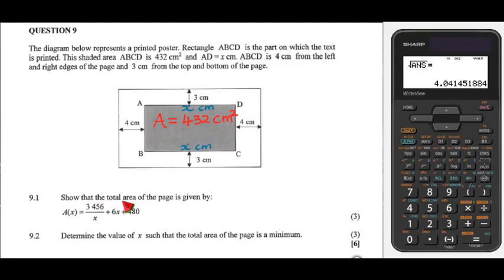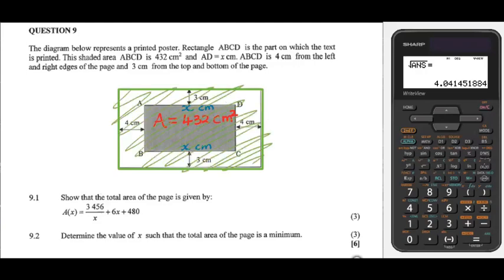Now they say show that the total area of the page is given by that. Remember, the total page area must be the green one, the whole thing. So I need the length and the breadth of this side.